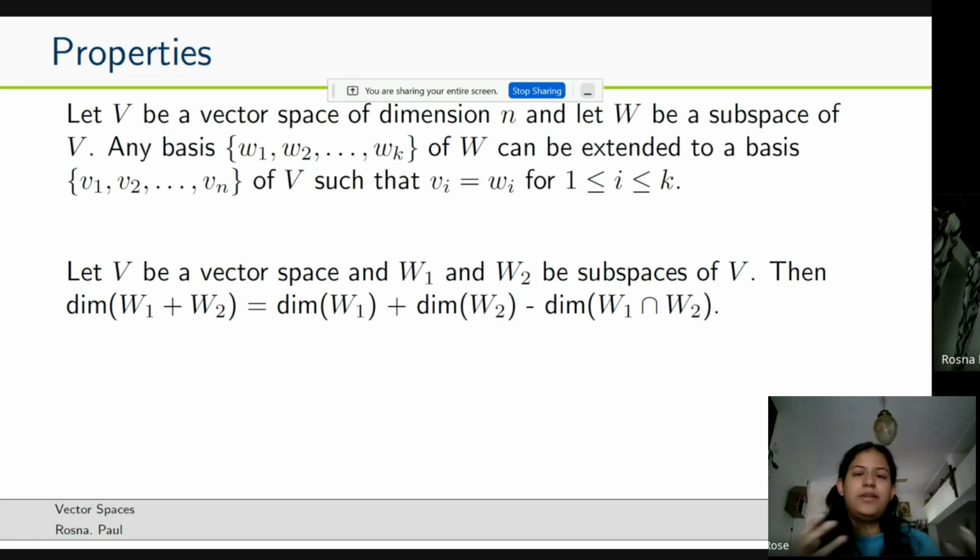If you take R3, there are different ways to write the basis. But if you want to get a basis of a larger space, and you already have something for a smaller subspace, you can build on that. You don't have to do it from scratch. You can take the basis of the smaller one as it is, and then add elements to it to make it bigger.